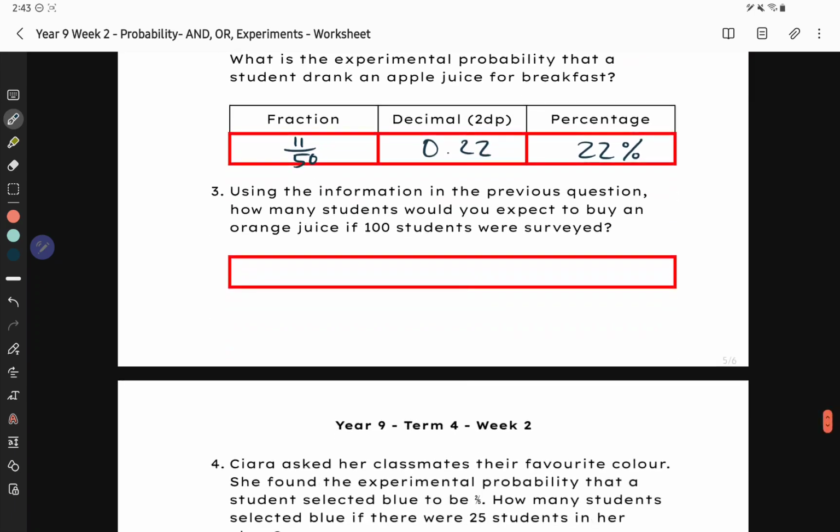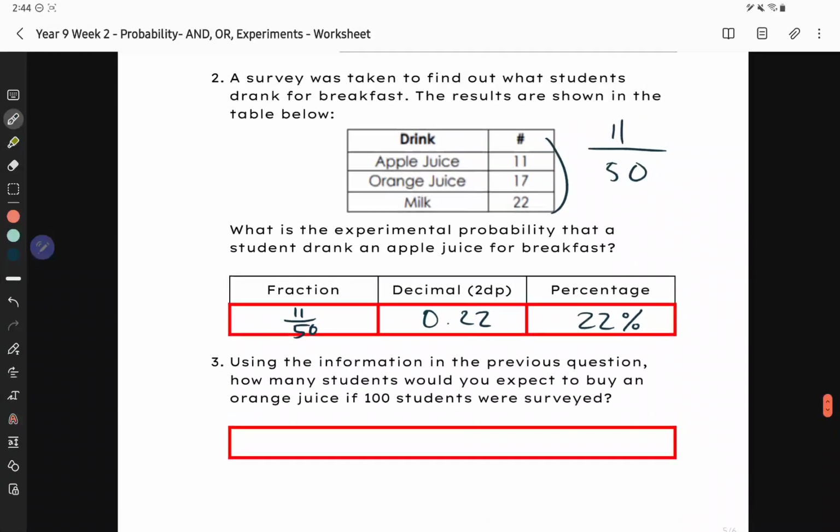Number 3. Using the information in the previous question, how many students would you expect to buy an orange juice if 100 students were surveyed? Well, let's have a look. Orange juice probability here was 17 over 50, 17 over the total of 50.